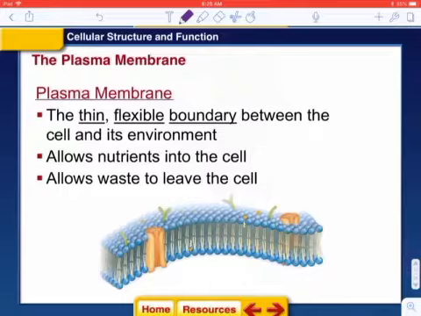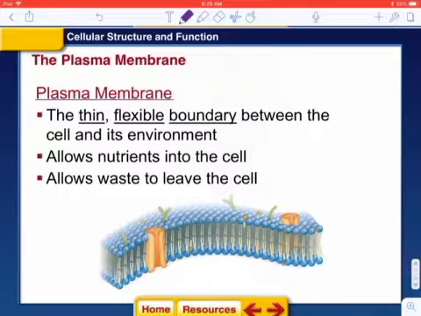Now, the plasma membrane is not just the cell membrane. Notice here it describes it as a thin, flexible boundary between the cell and its environment. But plasma membranes are not just found surrounding the outer edges of a cell. In eukaryotic cells, like what we described last class, we actually have plasma membranes located throughout the cell.